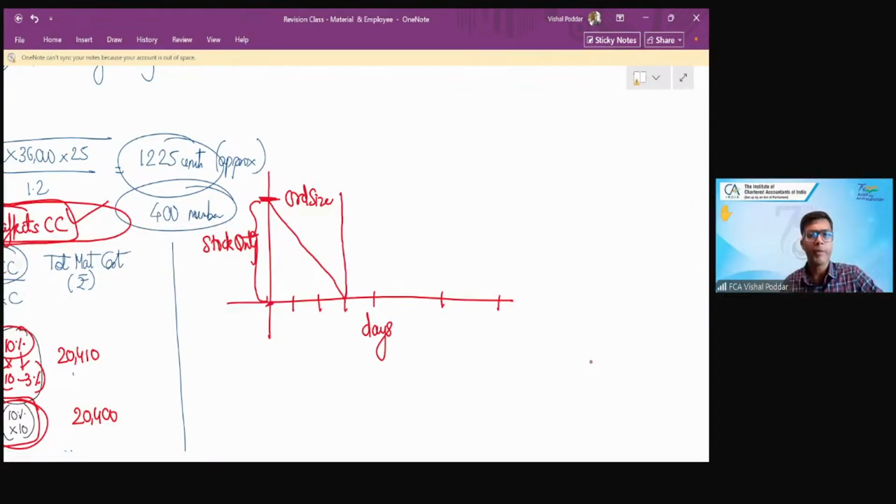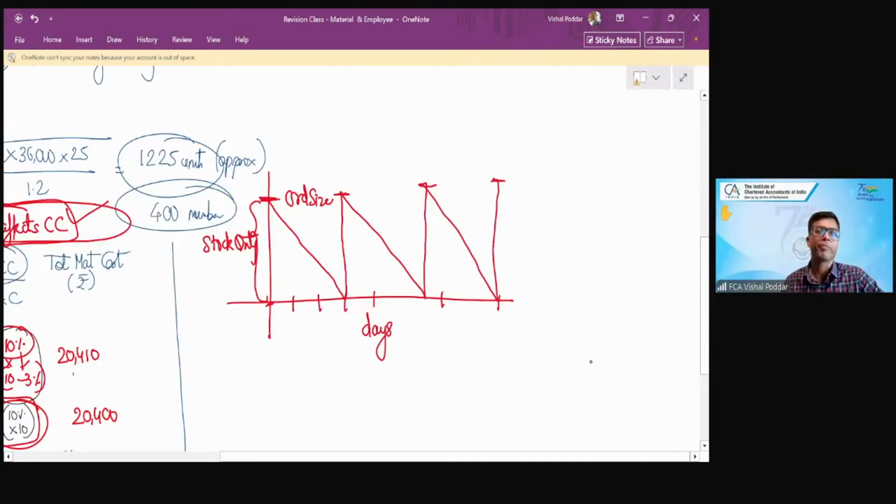So again my stock will come here. Again, over the period, it will get depleted to zero. The next order will come, it will get depleted to zero. Again my order will come, it will be here. So this is going to be my stock position day wise. Every day, you can determine the stock position from here.